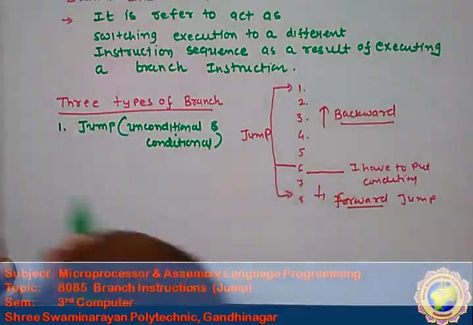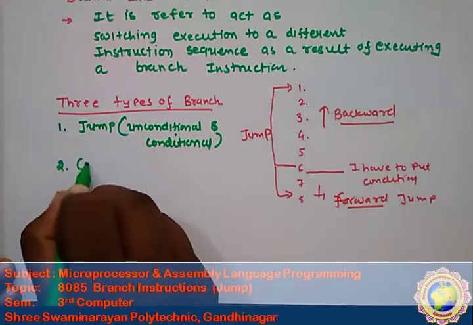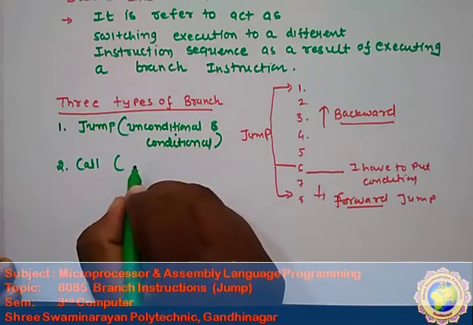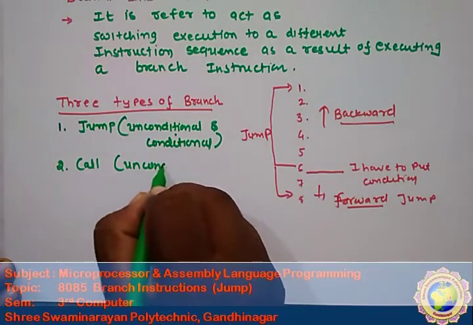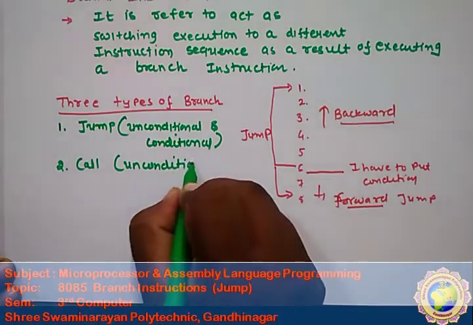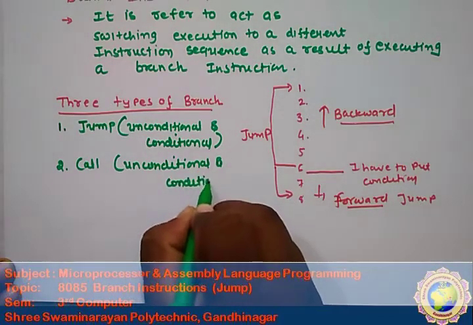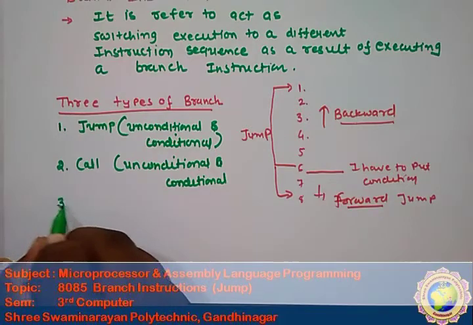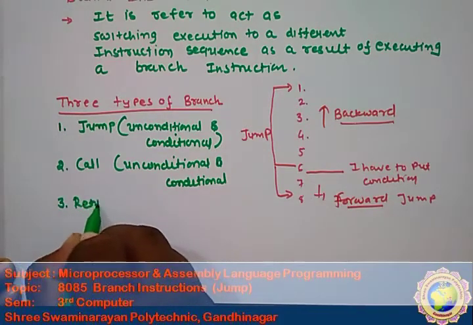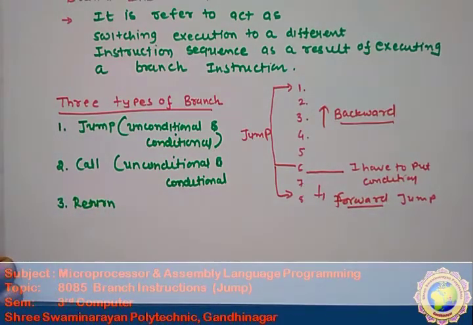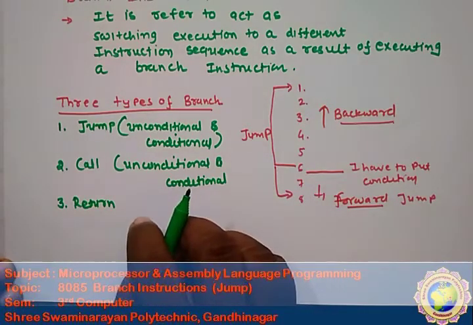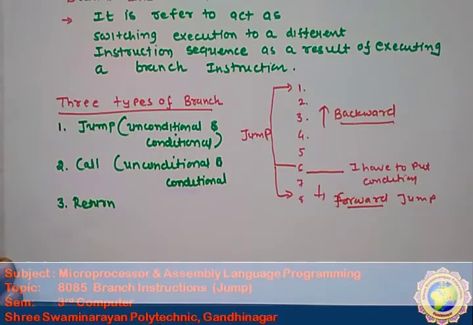The second is the call, which may also be of two types: unconditional and conditional. And the third one is the return. Return is used whenever we jump to an instruction or call any instruction; we have to return to our origin place.